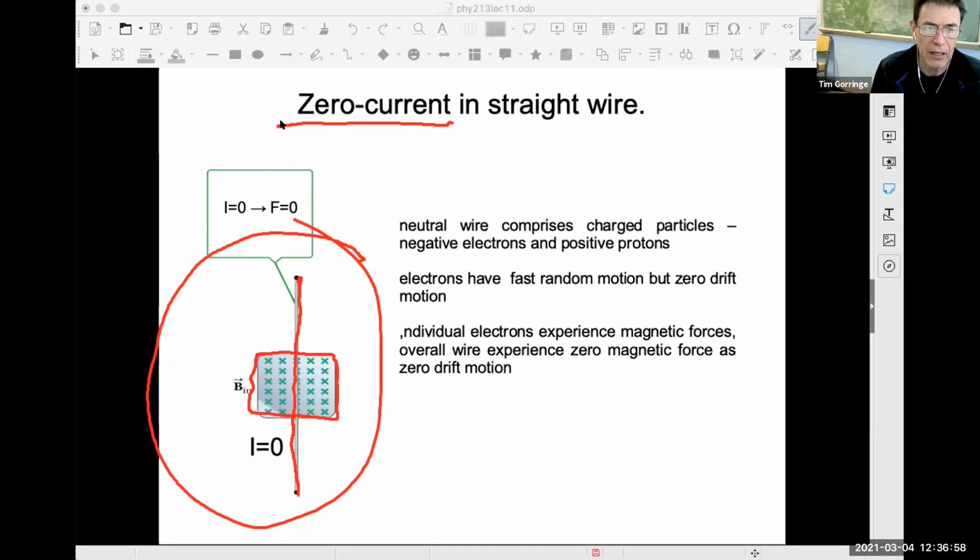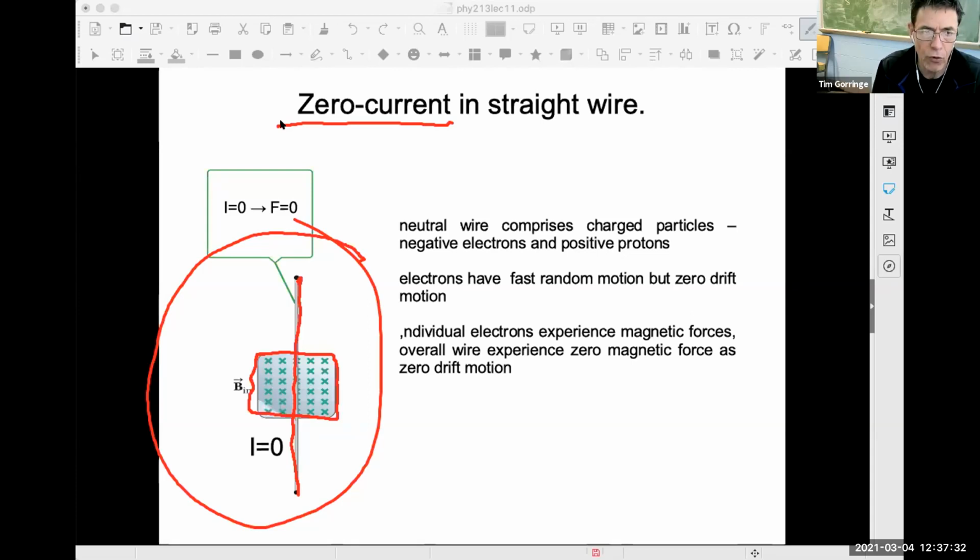And so the magnetic forces on those randomly moving electrons are also in random directions. The net magnetic force on the randomly moving electrons adds up to zero. All those little forces on all the individual electrons add up and cancel one another out because they're all pointing in random directions. So they all add up to zero.